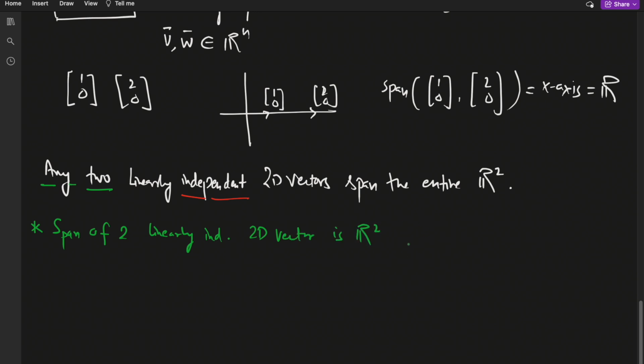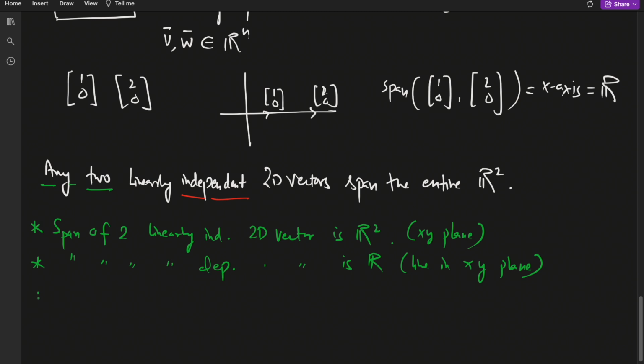This is basically the xy plane, right? Make sense? Second thing, the span of two linearly dependent, not independent, 2D vectors is what? It is just R, which is a line in the xy plane, not the entire xy plane, right?